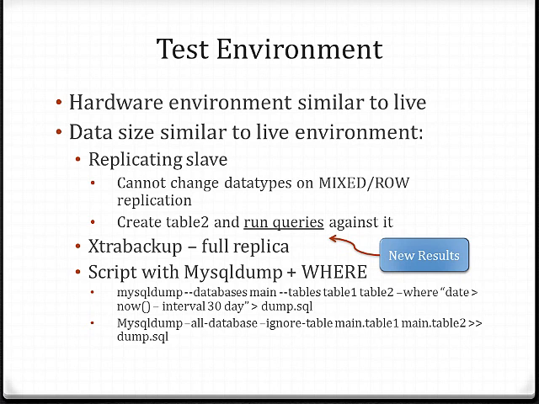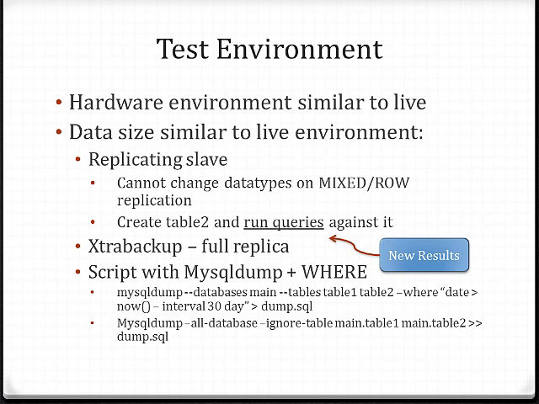Here you have mysqldump, and there's a --where clause, and then you say just for these 2 tables, where date > now() minus interval 30 days, so the last 30 days, output it to dump.sql. Then for the next one you just do the rest, ignoring these 2 tables, and append it to the dump.sql. Then you can set up a test environment that's not 100% accurate, but it will probably take up less space if you don't have as much space as you have on live.